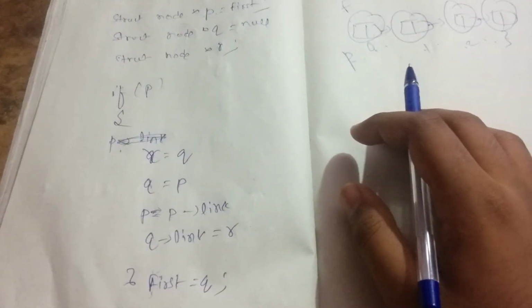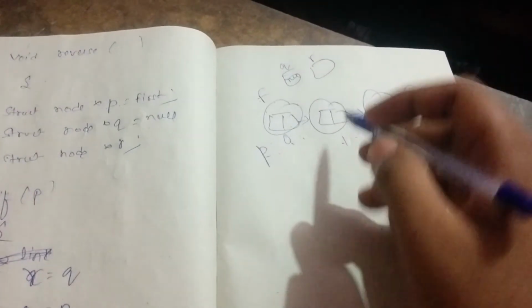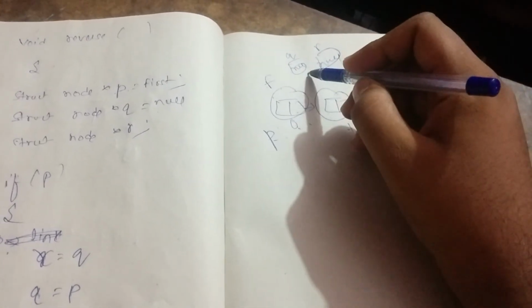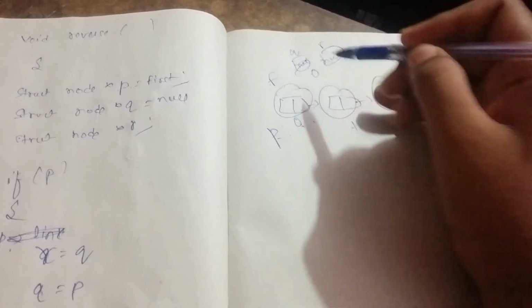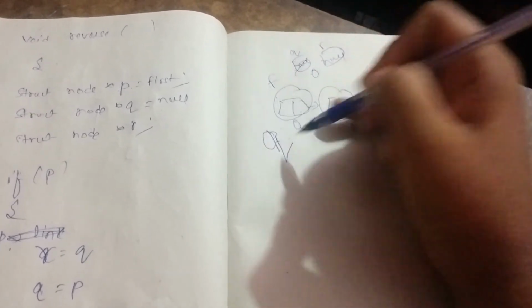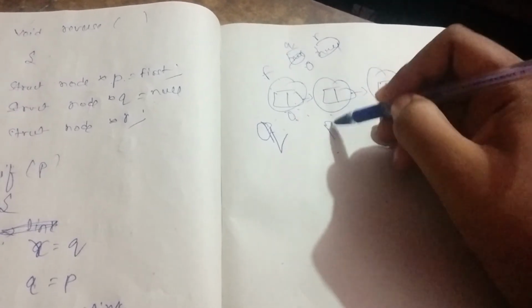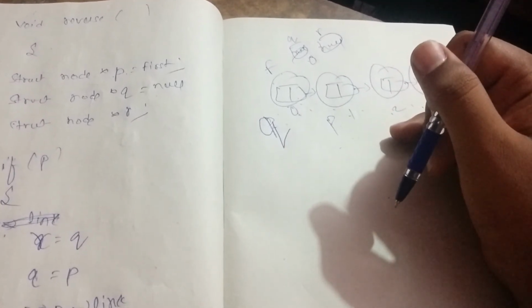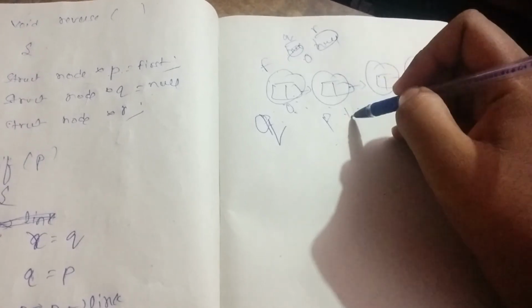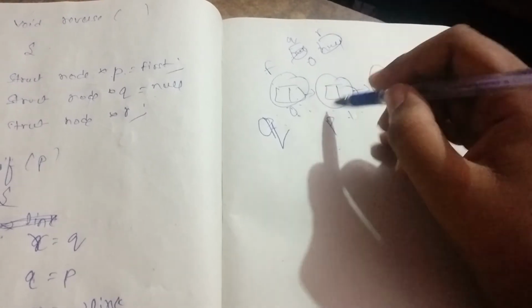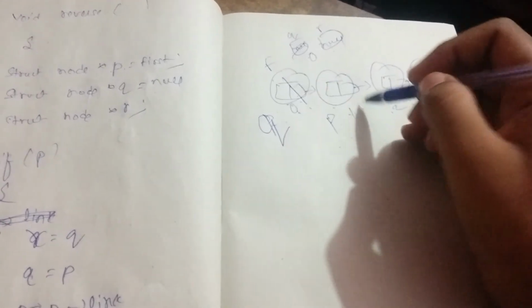Let's trace through the code to see what it is saying. r equal to q. Q is null, so r equal to q. Then q is p, the current node. So this is q, and p equal to p link. So p is equal to this thing. Next, q link is equal to r, which is nothing but q link is null.